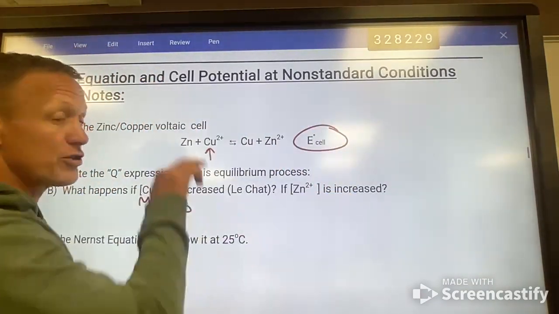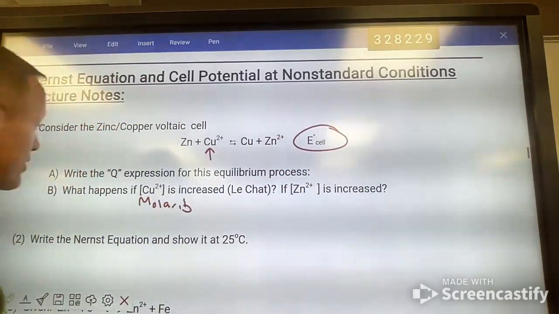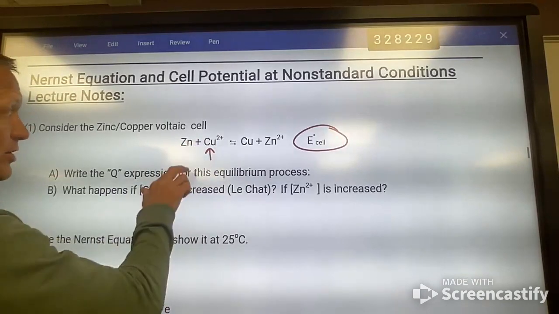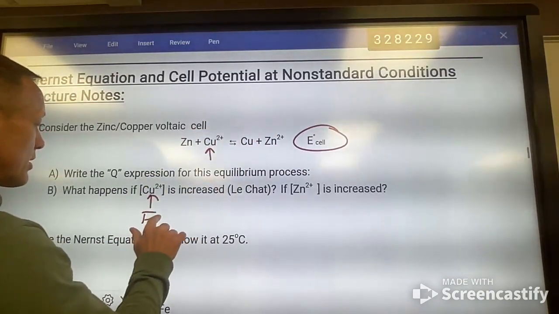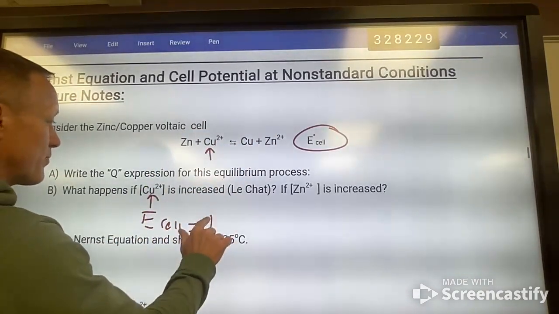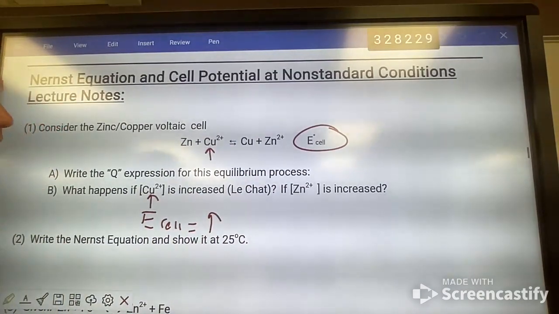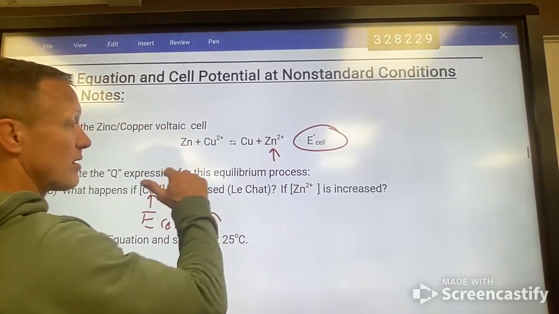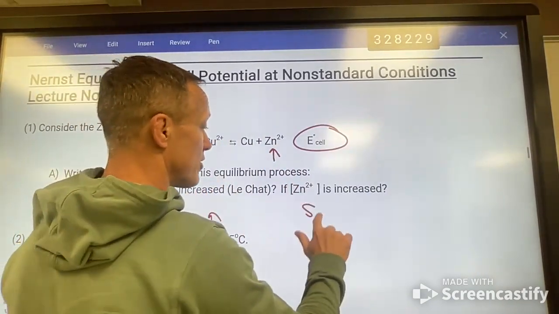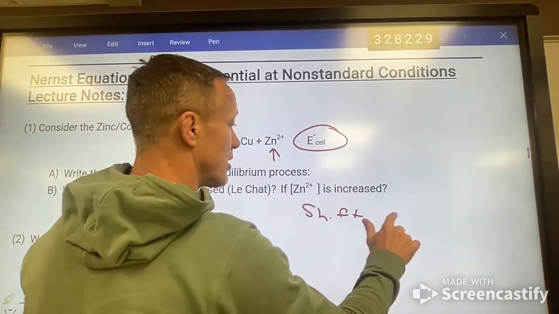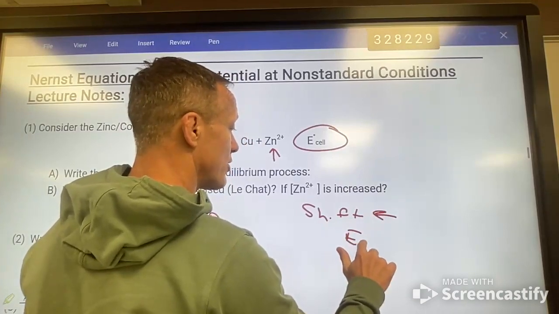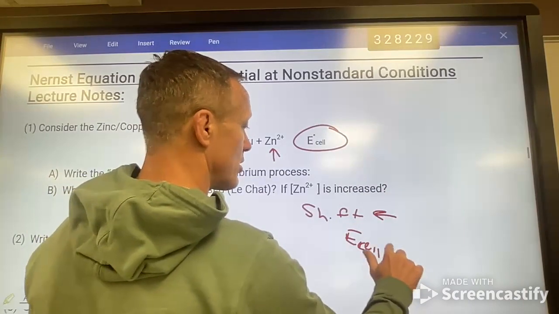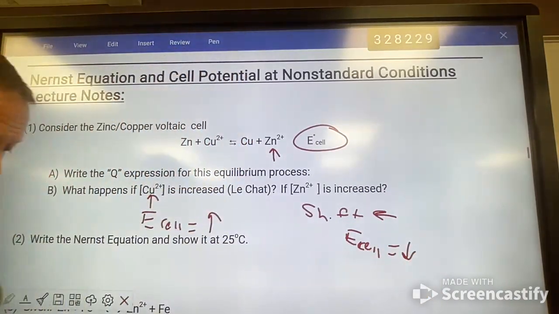So if we increase the molarity of copper ions, it's going to shift right and your voltage will increase. If we increase the zinc concentration over here, it's going to shift back left, and your cell potential will decrease in that case.